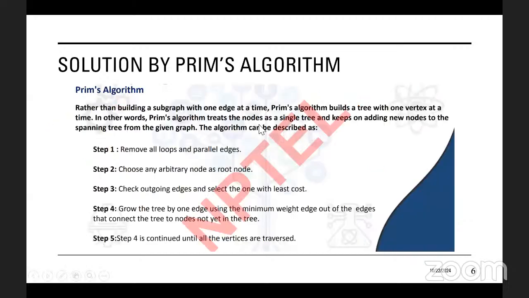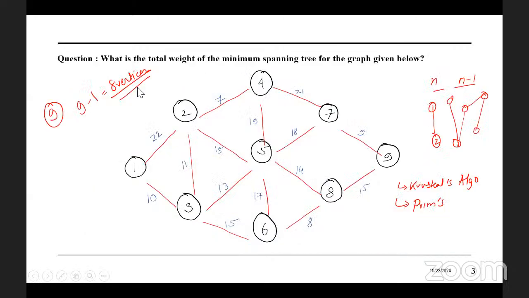So this is how you can solve this kind of questions, where you are given a graph, then you have to find the minimum spanning tree, and you have to find the weight of the minimum spanning tree. So these kind of questions can come.